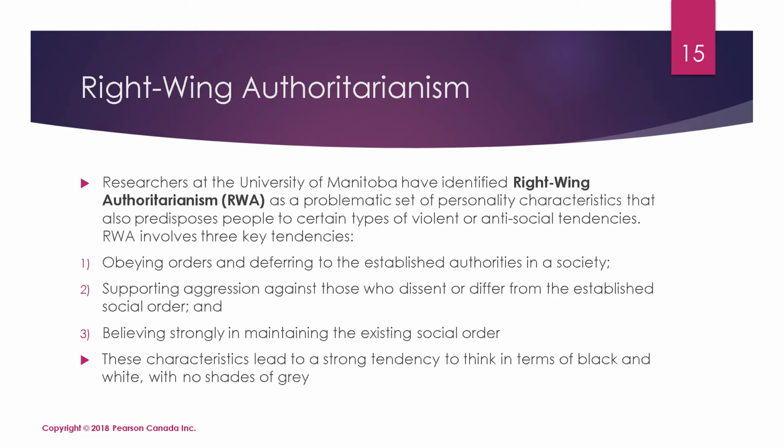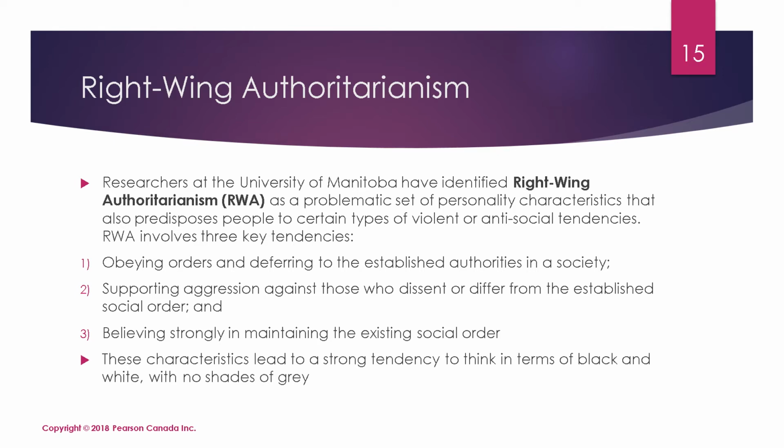And they believe very strongly in maintaining the existing social order. So they don't really want any groups to get ahead and things like that. They want things to stay the way they are, where some groups are treated less favorably than others just based on things like skin tone or sex or all those other factors. So right-wing authoritarianism is almost the opposite of social justice in a lot of ways.